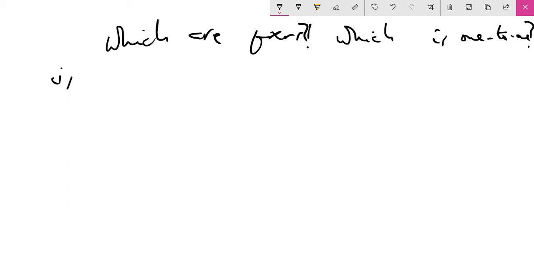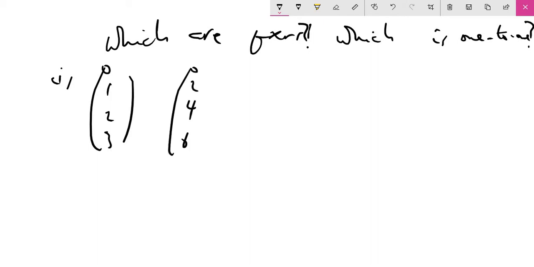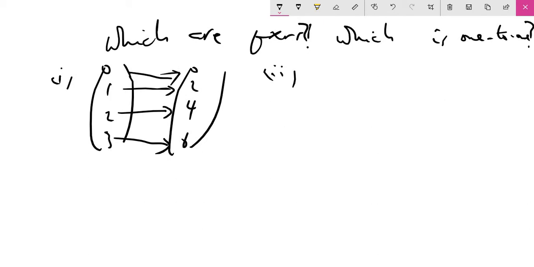So here are the mappings: 0, 1, 2, 3 and 0, 2, 4, 6. So we can see this maps to this, this maps to this, this maps to this, and that maps to that. So clearly, let's just do it along while we move along.